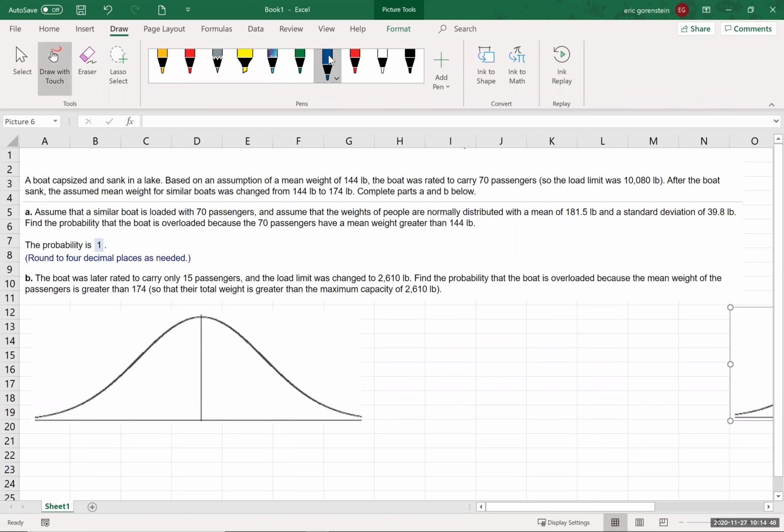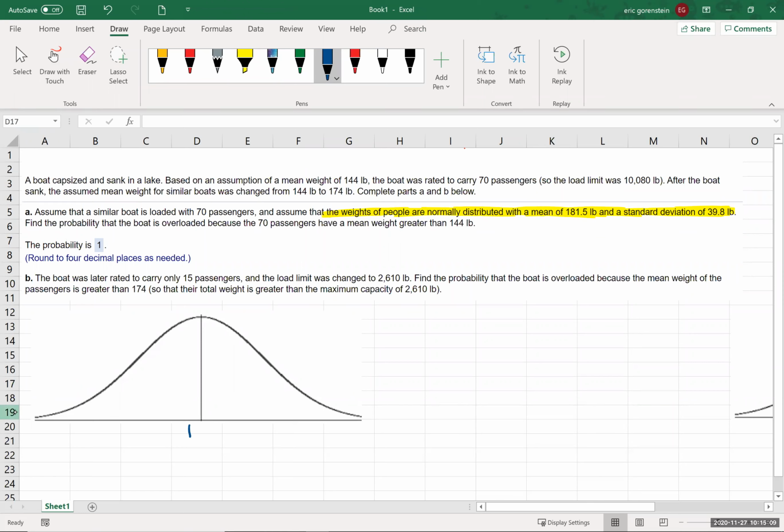All right, so we're given that the weights of people are normally distributed with a mean of 181.5 and a standard deviation of 39.8. Okay, so you draw the graph of the normal distribution.